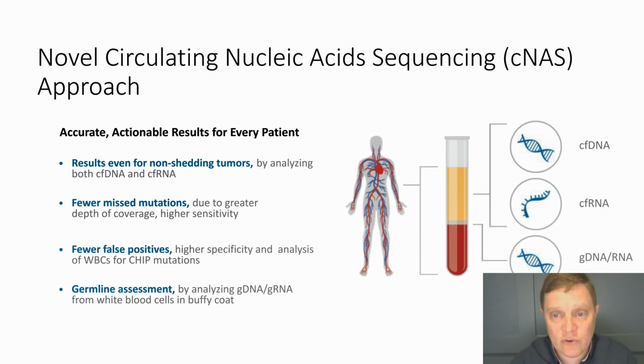And so what we really want to do is try to find solutions to inherent biological limitations. There's a relatively small percentage of patients that have a lot of circulating cell-free DNA. As the stage of cancer advances, the number gets larger, but we need to be aware of these limitations and try to maximize our ability to do the right thing by patients.